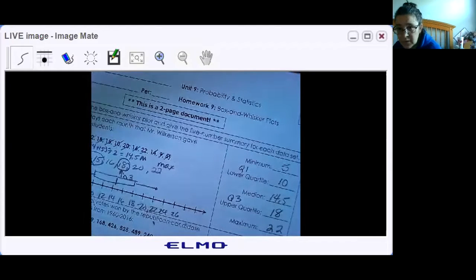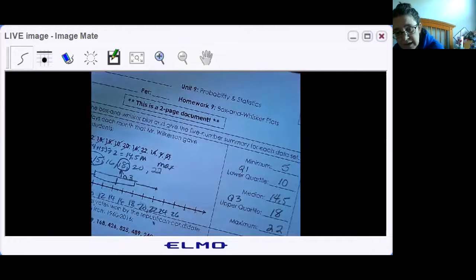Step 1, put them in order from least to greatest. Step 2, find the middle, find the median. Step 3, find the middle of the bottom half. That's our Q1. Step 4, find the middle of the top half. That's your Q3.